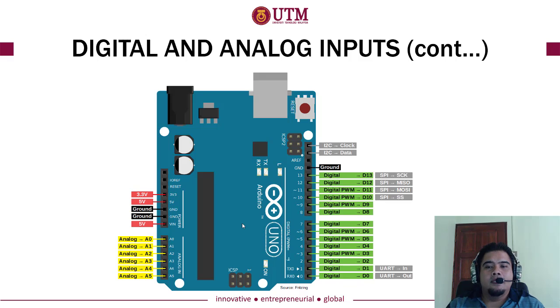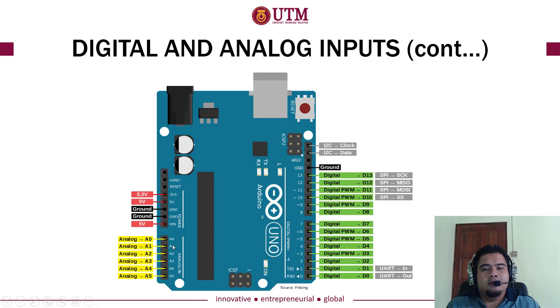Again, this is your Arduino board, and this is the port that I mentioned before. It is divided into two: there's 0 to 13, and you also have A0 to A5. As for A0 to A5, these are special ports that you specifically use for analog input.